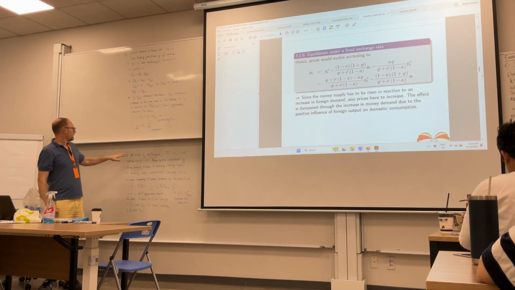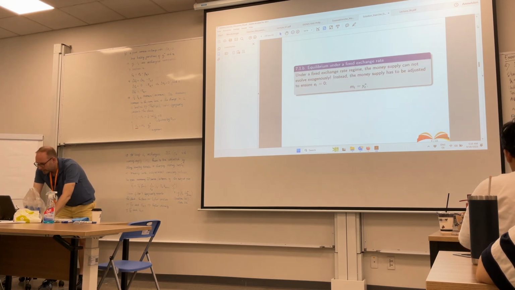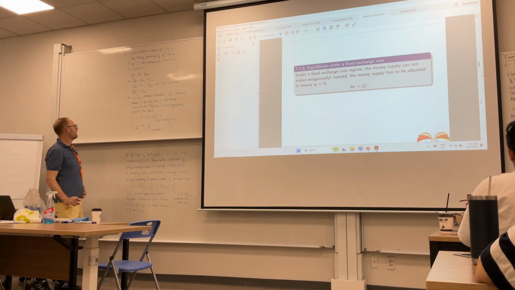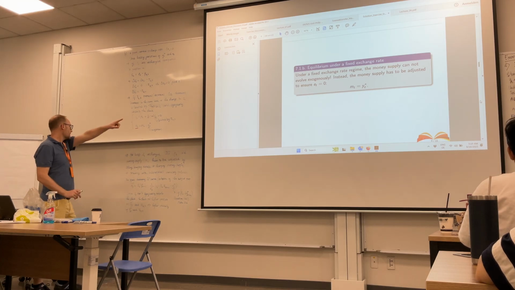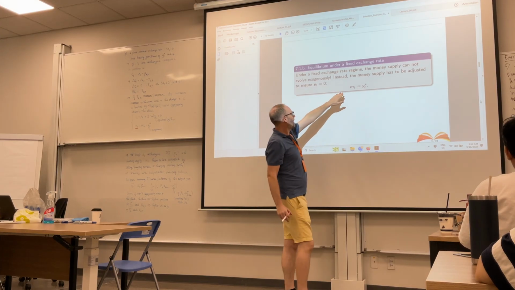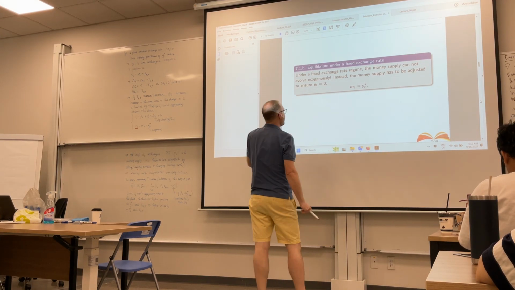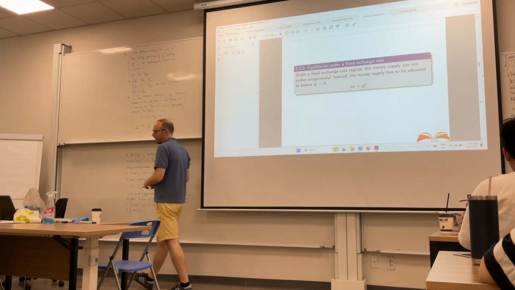So this is the change in the CPI, right, that you mentioned here. All right, now this is the same equation here, but it's written out explicitly. Right, our money supply follows exactly foreign demand.